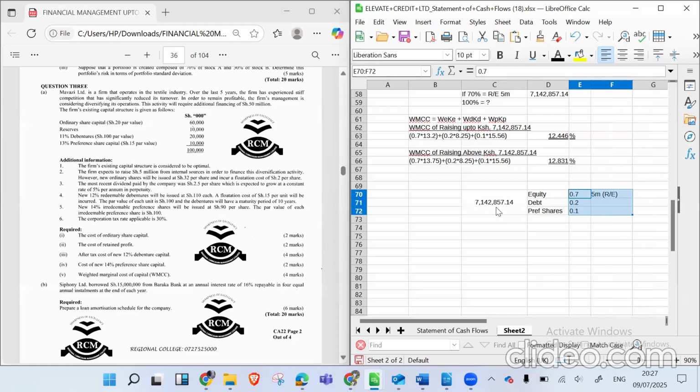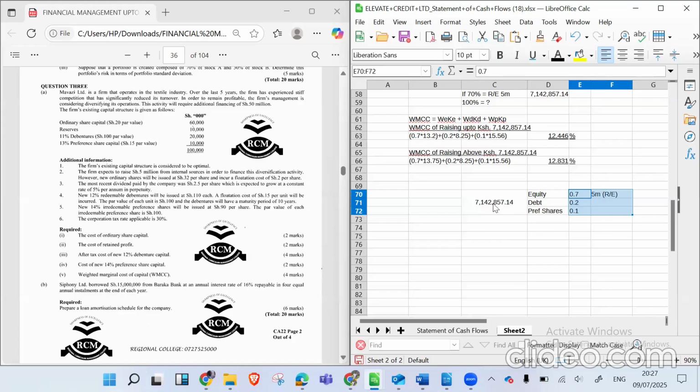And by doing that, we got 100% as 7142. So this 7142, by the way, is not coming from equity alone. It's coming from equity, debt, and preference shares. So when I'm raising up to 7142, 70% of it will come from equity and, to be specific, retained earnings.